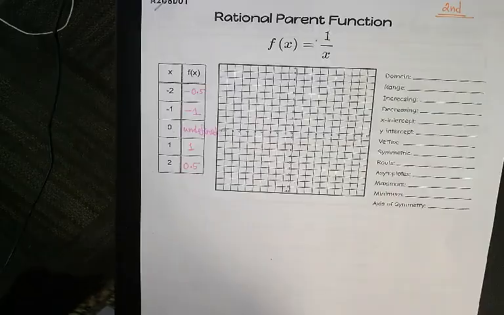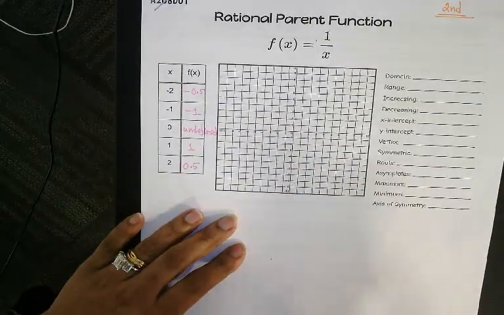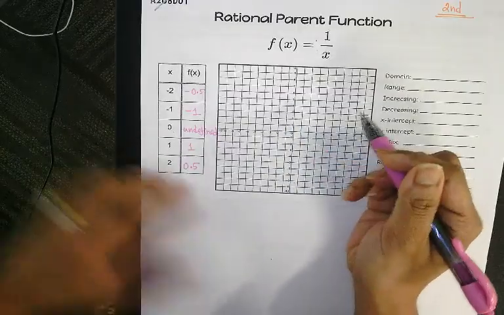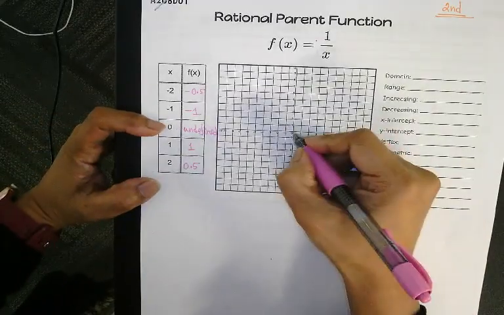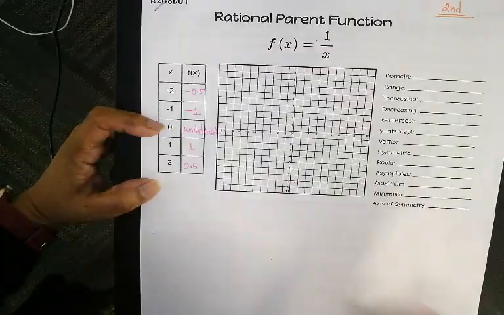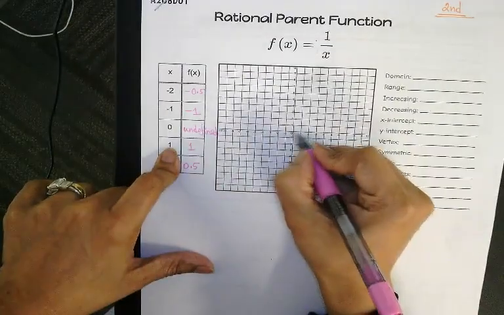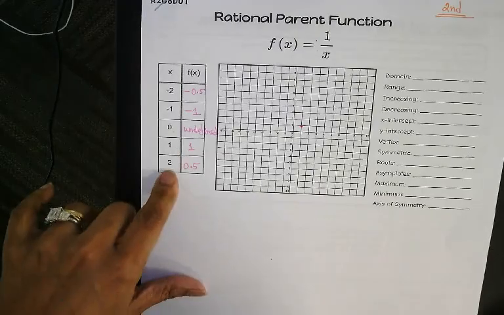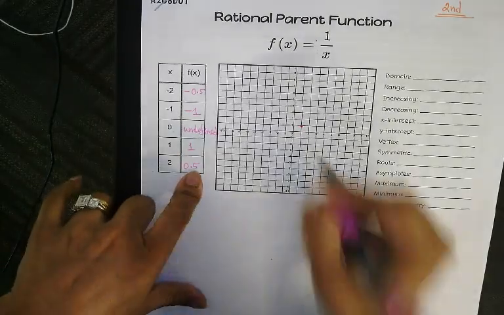Now the domain. Let's draw the graph over here. Let's plot the points. So 0 is undefined, so that's not going to touch it. 1, 1, so that's my first point. Then I have 2, 0.5.